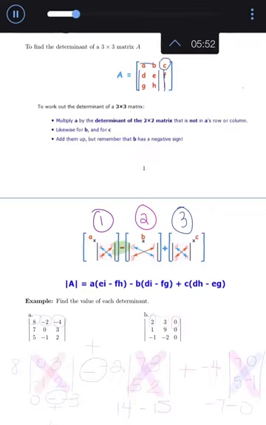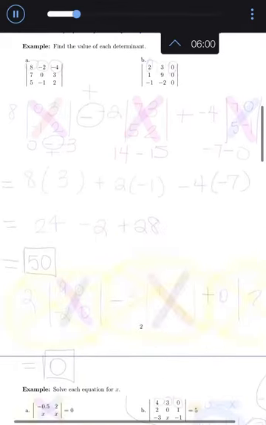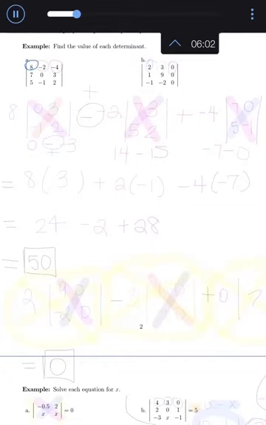Let's try our new formula for finding the determinant of a 3 by 3 matrix by starting with problem A. We'll start by looking at the first entry, 8, and multiplying it by the determinant of the matrix left over by deleting its row and its column, which leaves us with the matrix 0, 3, -1, 2.